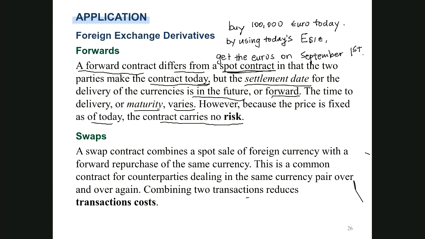So you tell your bank that I'm going to buy 100,000 euros today using the spot rate, using today's exchange rate, but I'm going to get this amount on September 1st. So this is called a forward.